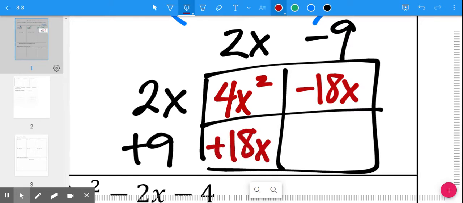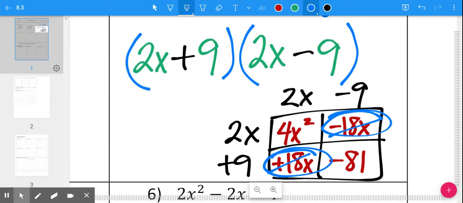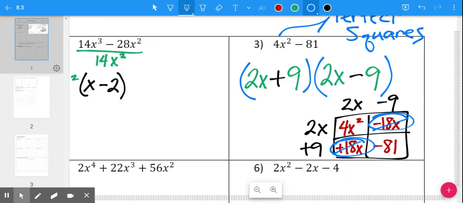And negative 9 times positive 9 is negative 81. So when we look at our like terms, this negative 18x and a positive 18x, they cancel out because negative 18 plus 18 is 0. And we're left with 4x squared minus 81. So if you recognize that they're perfect squares, you can save yourself a lot of time.